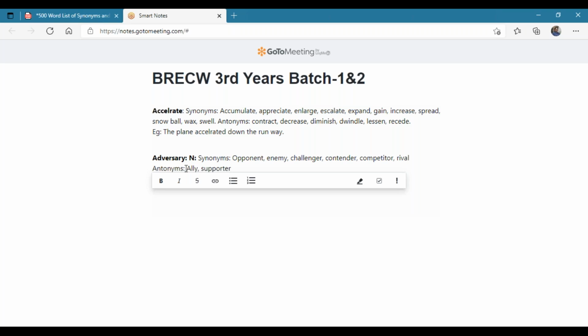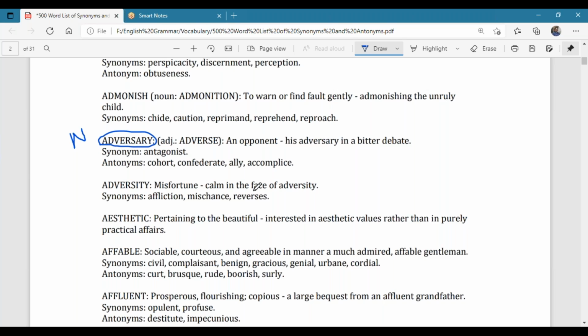You can consider these as the antonyms of this particular word. There is also another word called amigo, friend. All these are antonyms for this word, adversary.